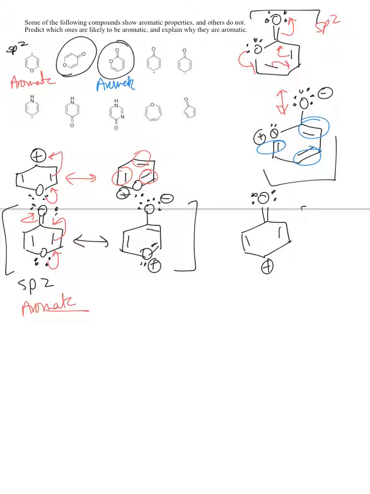Every atom is sp2, and in this situation these electrons can go here, but in that case it just puts the positive on this carbon.